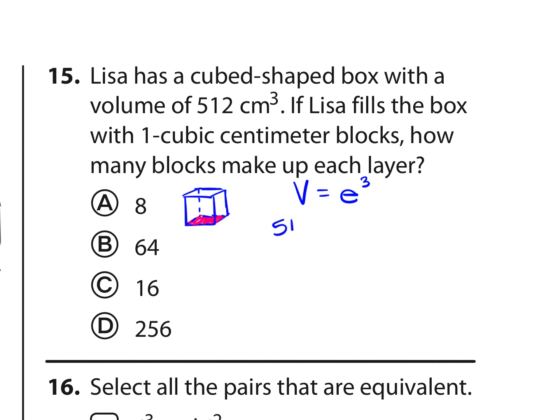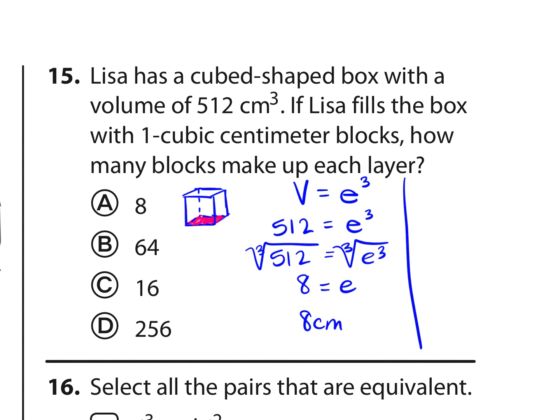We know that the volume is 512. We don't know what each edge measures, but if we were to take the cubic root of both sides of this equation, we get the edge by itself on the right side, and the cubic root of 512 is 8. So 1 edge is 8 centimeters.